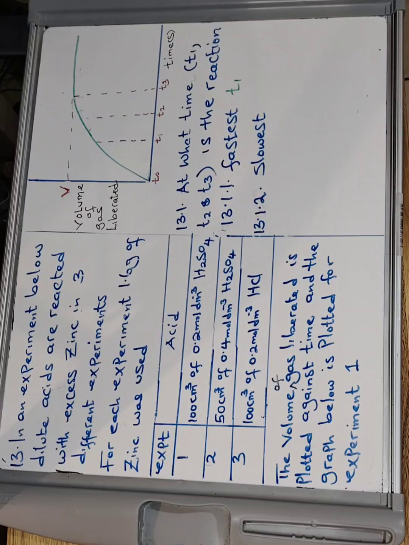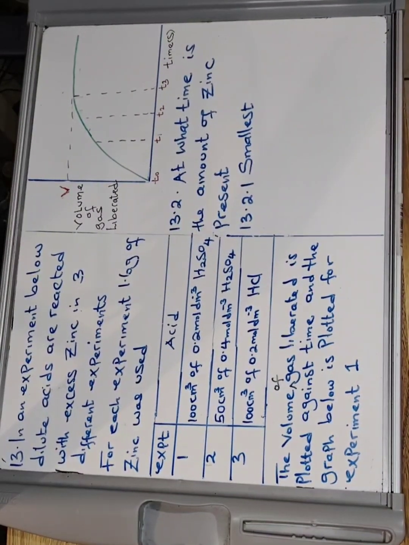But you have to know that as time passes, the reactants are being used up, so that they tend to decrease. So that time is going to be T3, because at T3, most, if not all, the reactants are used up. So the answer is T3.